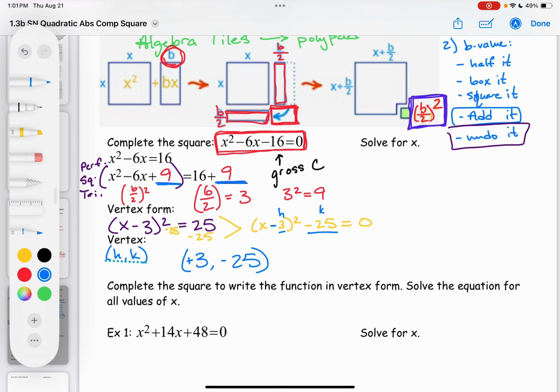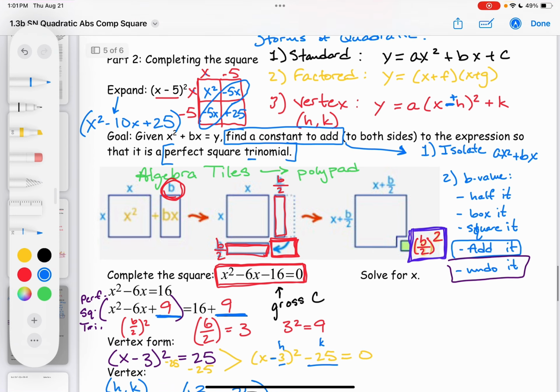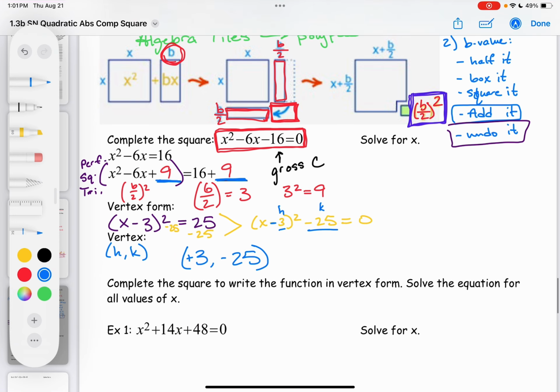Well, it goes back to what I said at the beginning. The original sign right here is negative. So a good way to think about it is I'm saying x minus positive 3. So the turning point of this graph is at (3, negative 25).